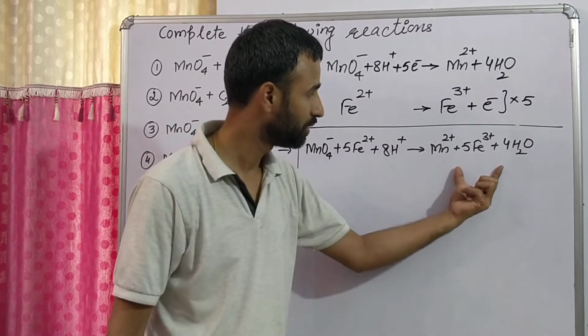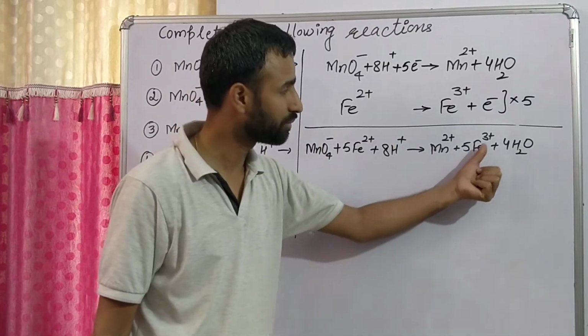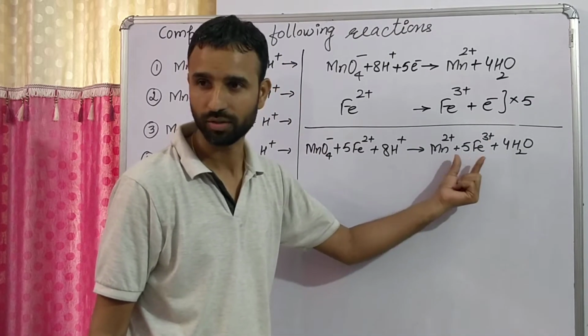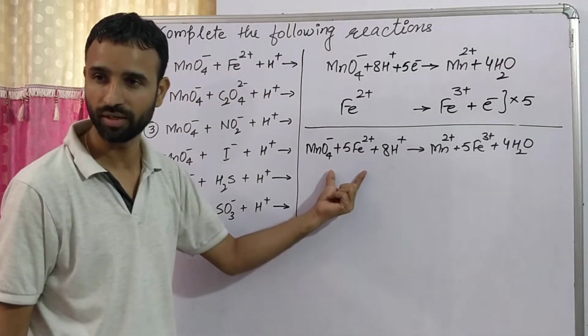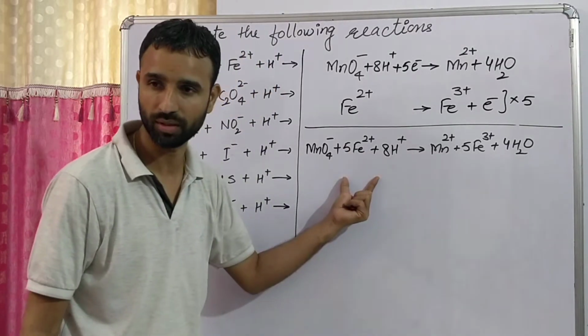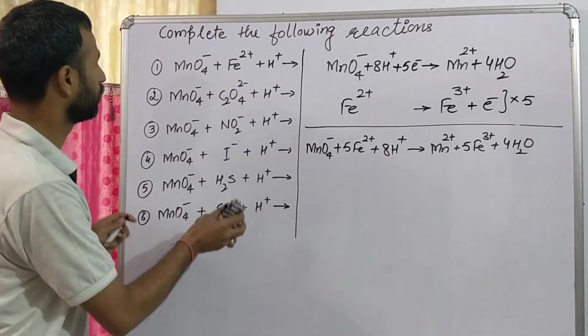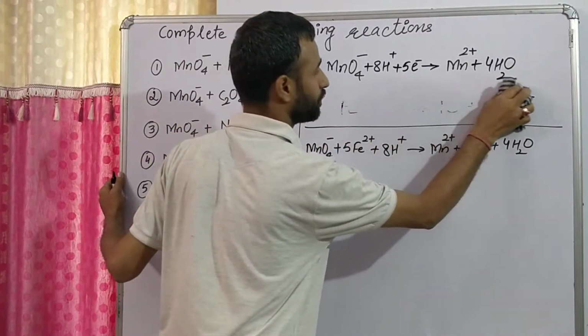Right side: 2 plus, and 5 times 3 is 15 plus, so 17 plus. Both sides are 17 plus, balanced.